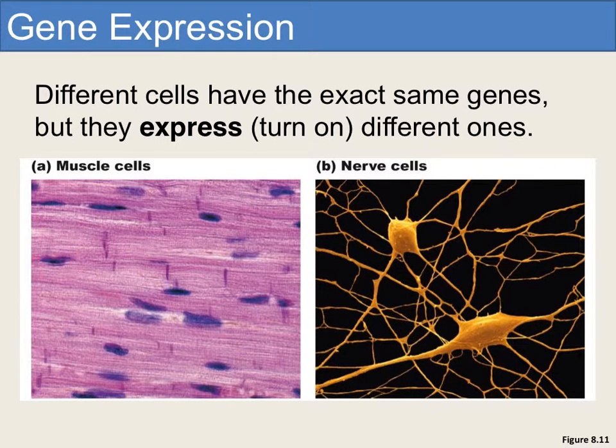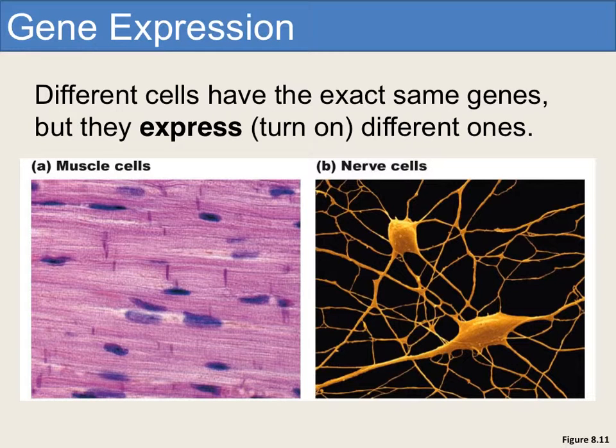Well, it's all about gene expression, about how much protein product is made in different cells. There are certain genes that are always going to be translated and transcribed in all cells because they have certain things that they have to do. Part of it is they have to be transcribed and translated, which takes proteins to do some of that stuff, like DNA polymerase. That's an enzyme, it's a protein.